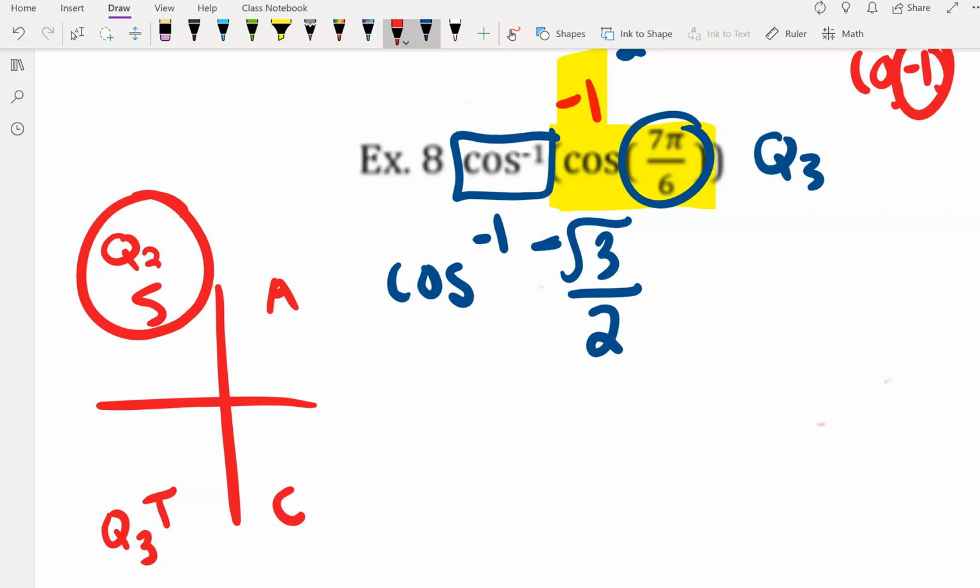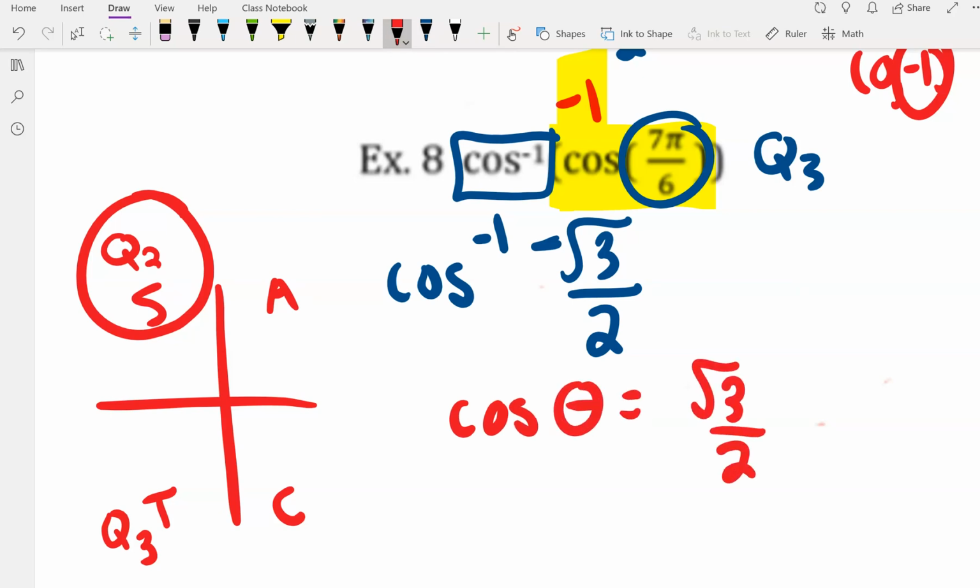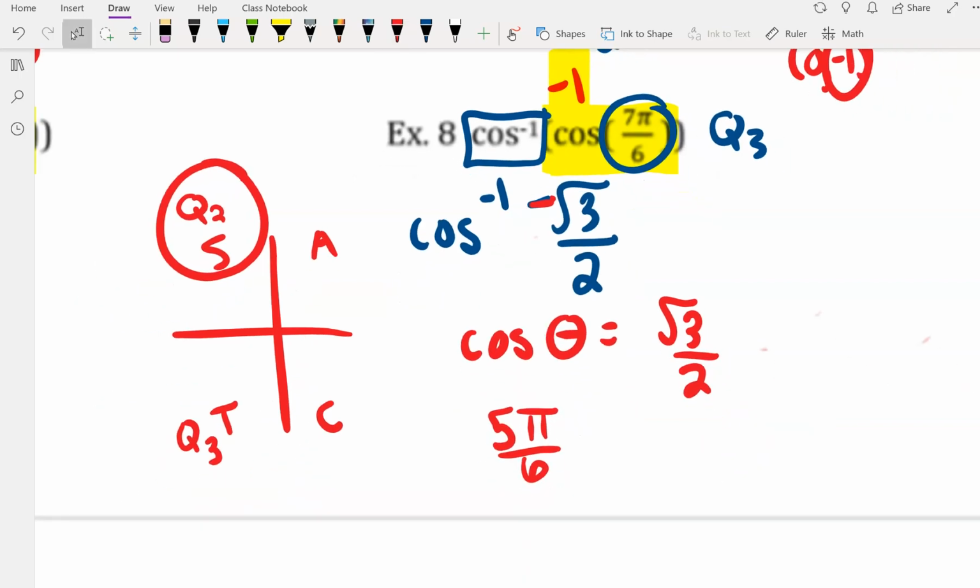So I'm going to rewrite this as cosine of some angle theta equals root 3 over 2. And I know that cosine of pi over 6 equals root 3 over 2, so I know I'm going to have a pi over 6 as a reference angle, but I can see that it has to be in quadrant 2, otherwise we wouldn't have had this negative if it was in quadrant 1. So to be in quadrant 2, this is going to be 5 pi over 6. So we're just kind of working backward on these.